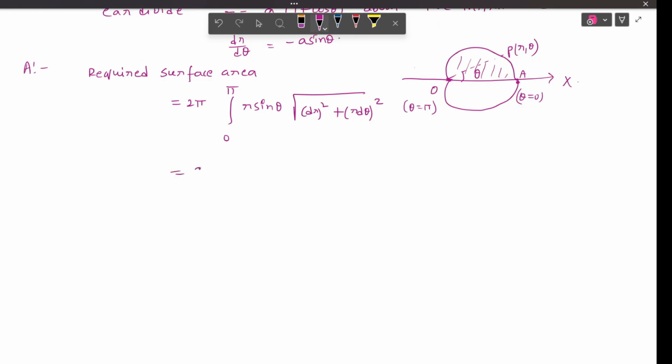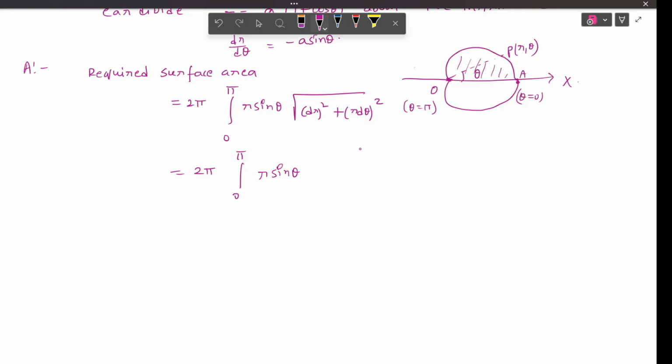So we can say this is 2 pi integration 0 to pi r sine theta, and this is dr square.